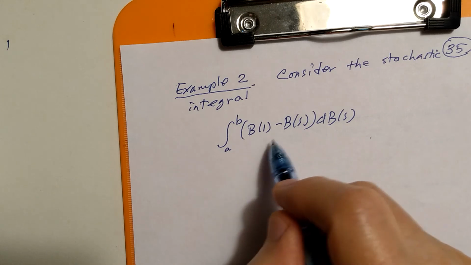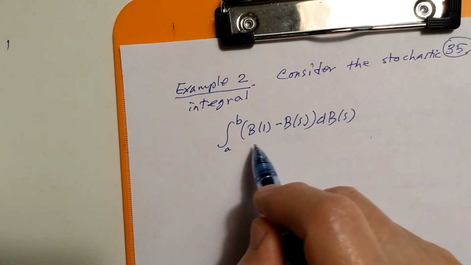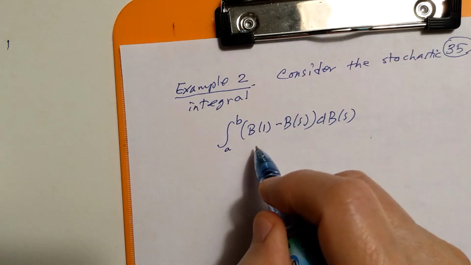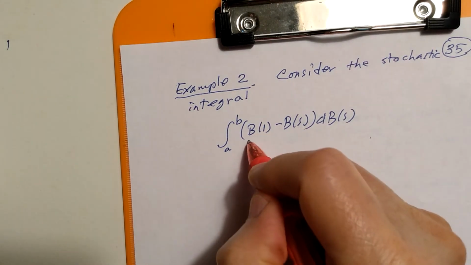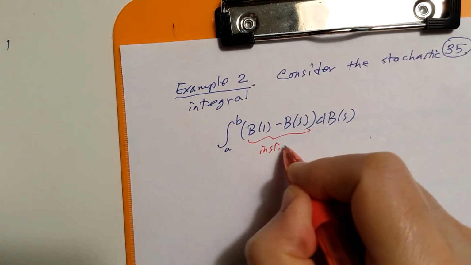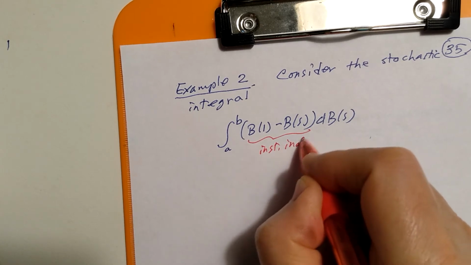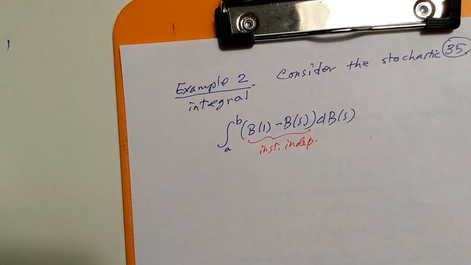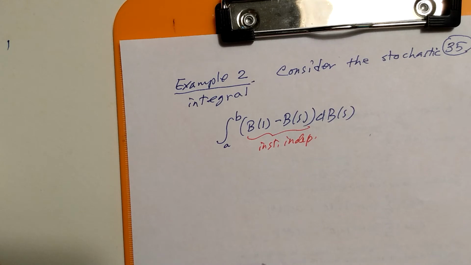So this time the integrand has no adapted part. It has only the counterpart instantly independent. So consider this as a stochastic integral.